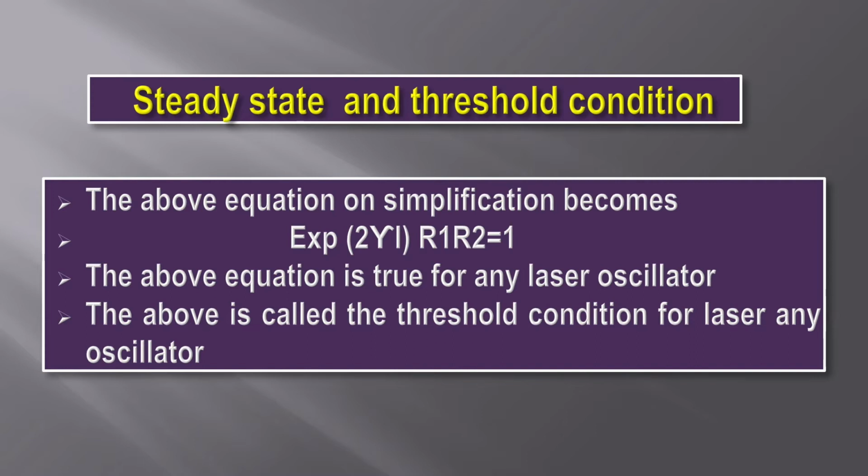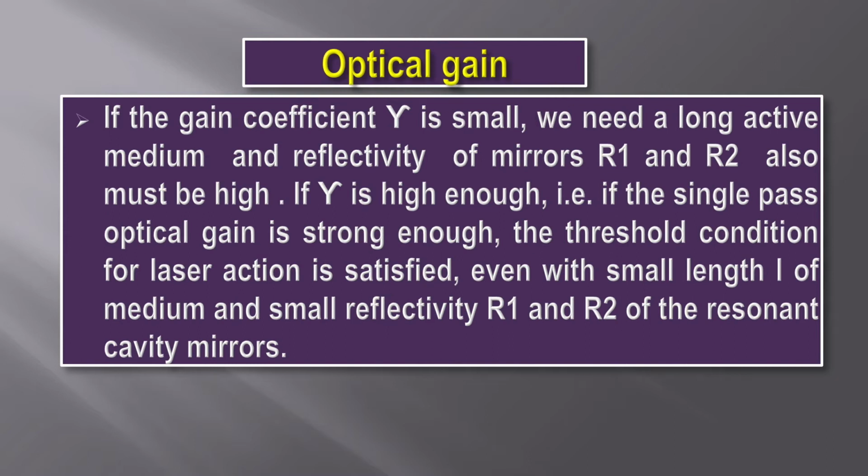In this case, you can immediately see, go back to this one, there are a variety of lasers: helium laser, carbon dioxide laser, neodymium laser. Suppose for the helium neon laser the gain coefficient is very small, then you need the mirrors, go back to this equation.